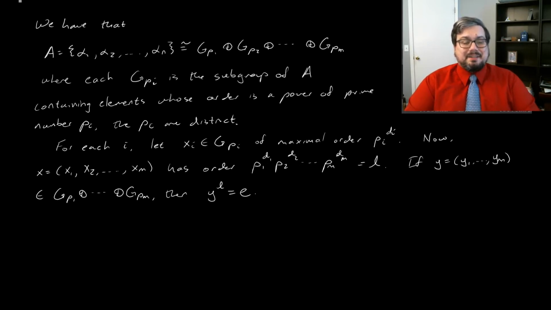Because y to the L will mean taking each of these y elements and raising it to this power, which is a product of a whole bunch of primes, and because we chose the xi's to have maximal possible order, then the y's have to have order less than or equal to this. So the order of y1 is less than or equal to the order of x1, and we're raising it to a multiple of the order of x1, so we're going to get the identity.